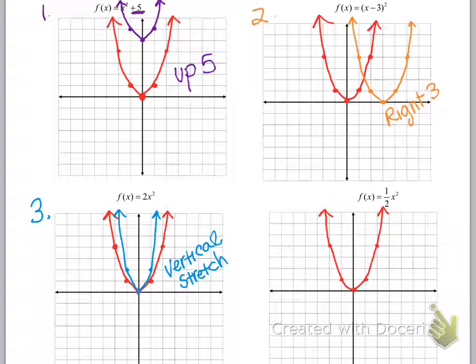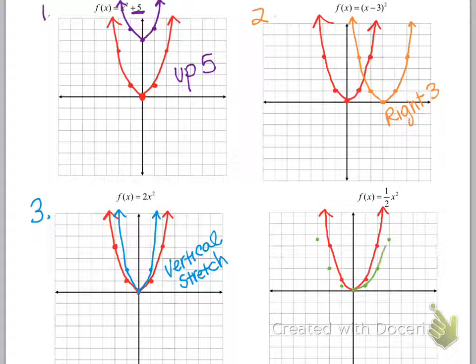So what's going to happen if I do 1/2? Well, I also get (0, 0), but then I get (1, 0.5) and (-1, 0.5). I get (2, 2) and (-2, 2). And then I get (3, 4.5) and (-3, 4.5).